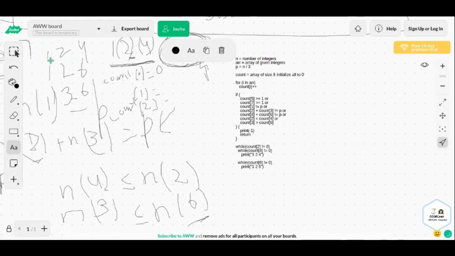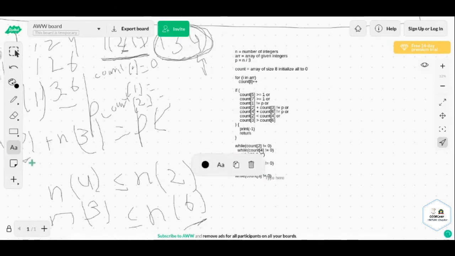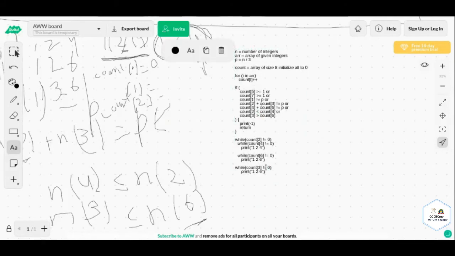And after we have printed the combinations of 2, we will print combinations of 3. So while count of 3 is not equal to 0, we will print 1, 3 and 6.